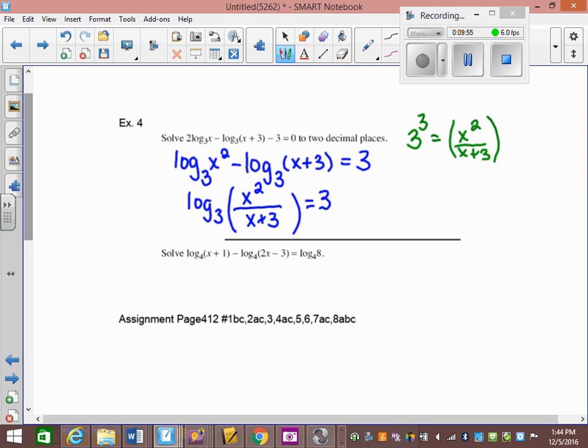Then we have 27 equals x squared divided by x plus 3. What am I going to have to do? Multiply by what? X plus 3. Then I get rid of the ugly fraction.